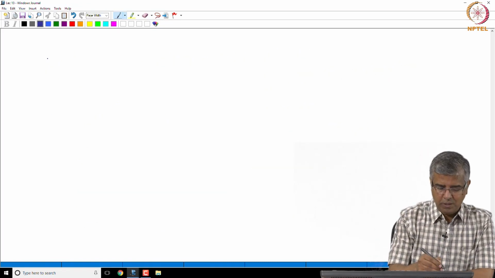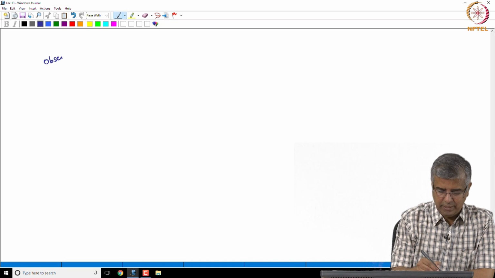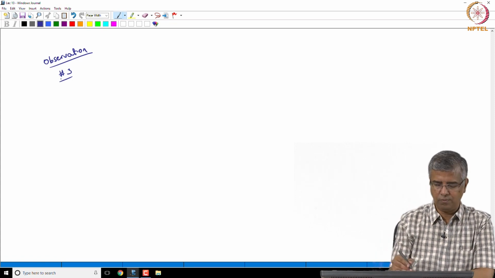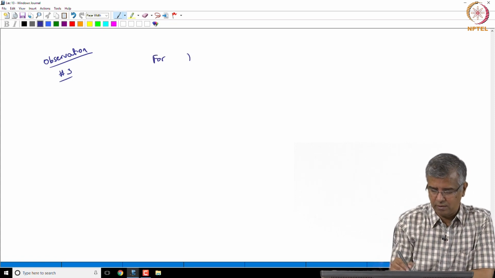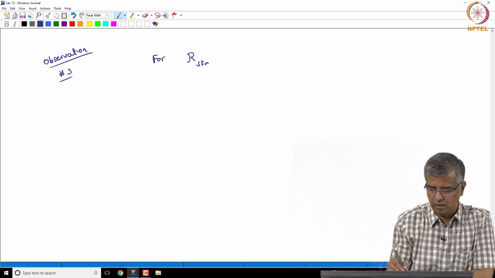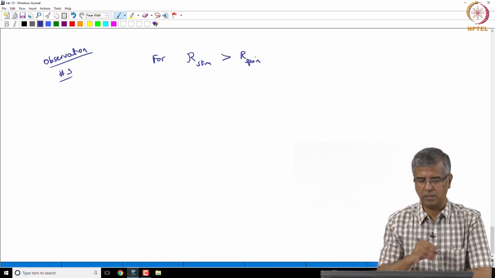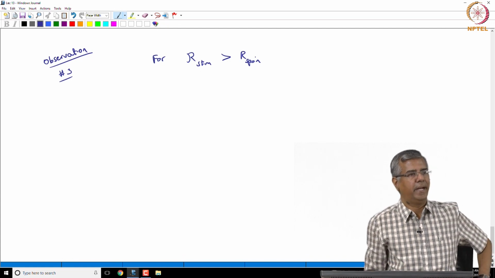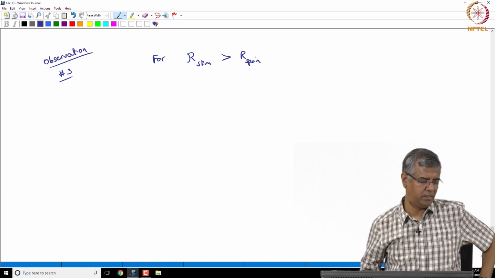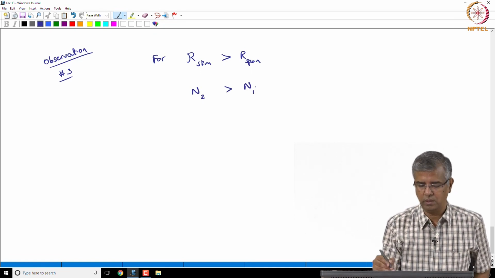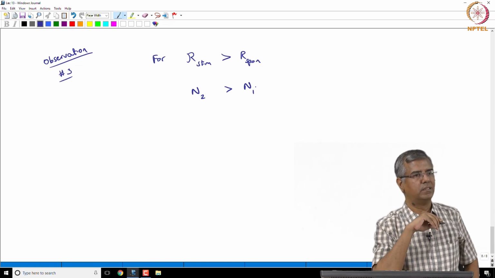So, that is our observation 3. If you want the stimulated emission rate to be greater than the spontaneous emission rate, you essentially need to have N2 greater than N1.